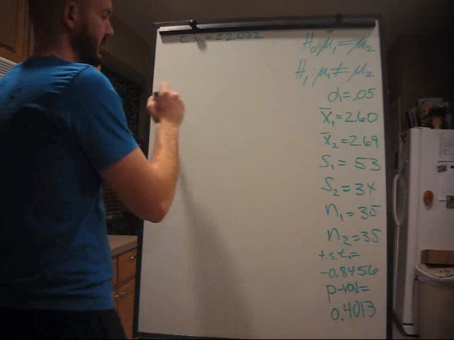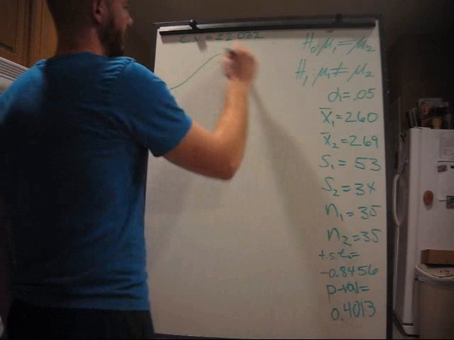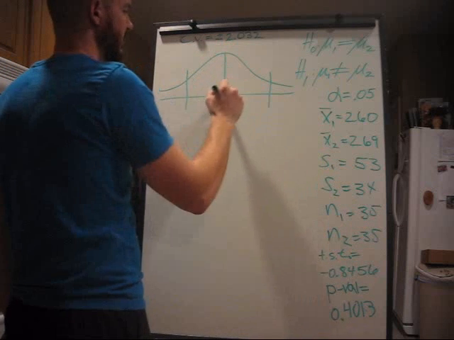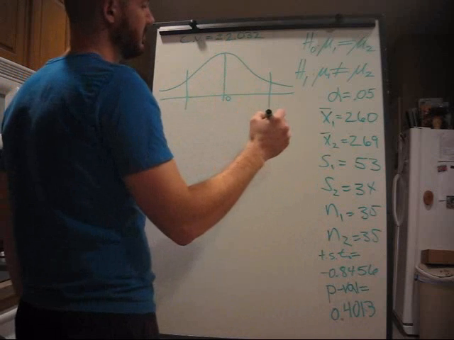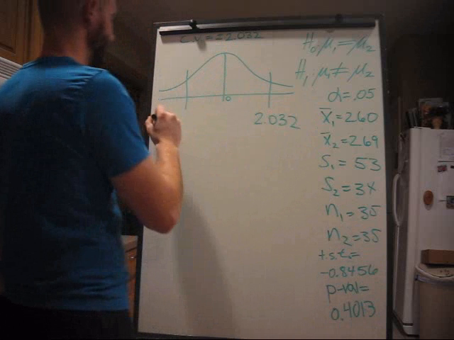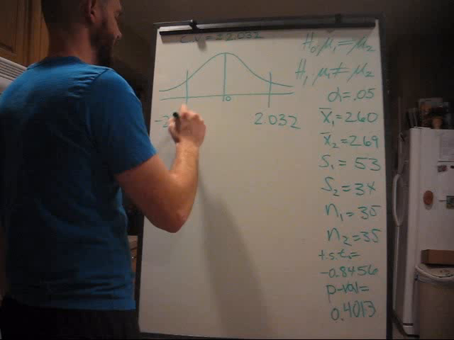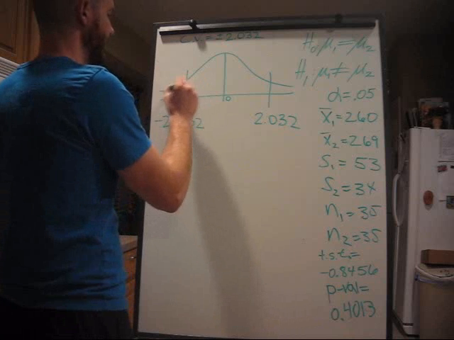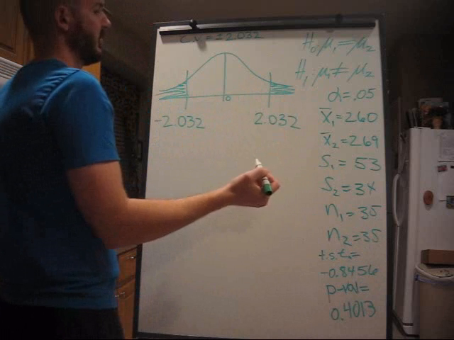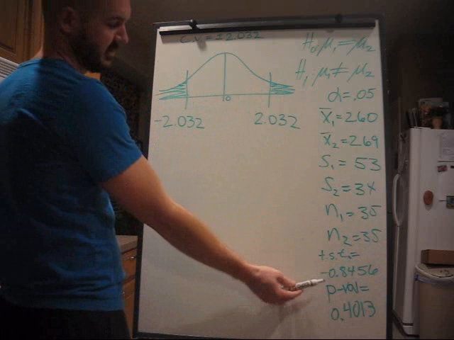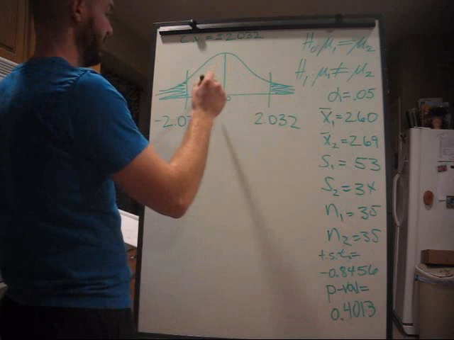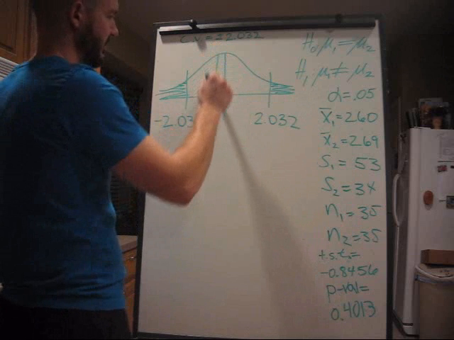Now we can draw our curve. Two-tailed test, zero in the middle. We have 2.032 on this side, negative 2.032 on this side. Those are the rejection regions. The test statistic, negative 0.8456, probably falls somewhere about there.